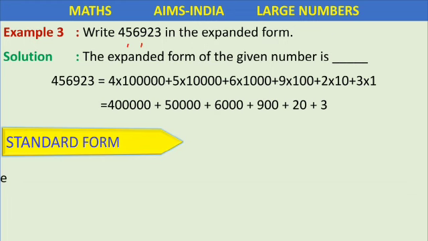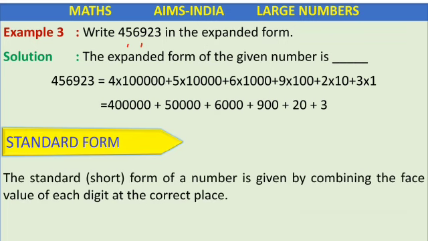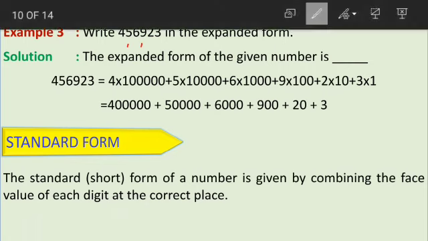Next is standard form. Standard form is also called a short form of a number, which is given by combining the face values of digits, each digit at the correct place. Now standard form is very easy when compared to expanded form. Suppose that this is the question given in the exam.